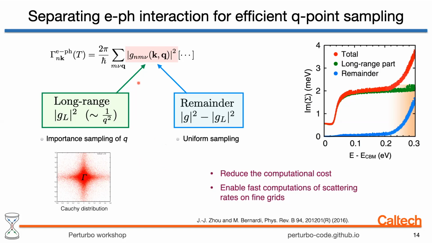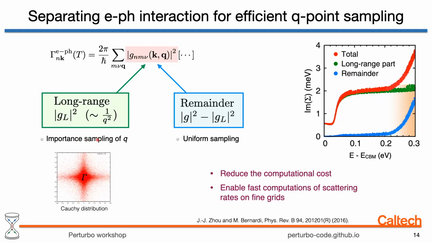But of course, we would ideally like to not have to sample q very finely everywhere, because it's very expensive to do so, both in memory and in calculation time. So in Perturbo, you can split these two up when you calculate the scattering rate, and you can use different types of sampling for the long-range and the short-range part.